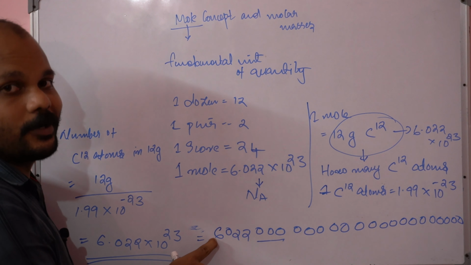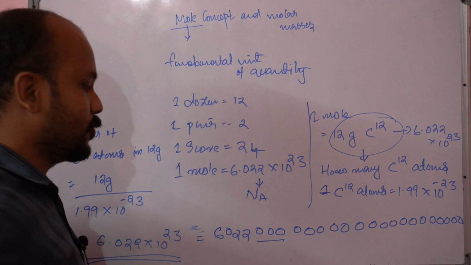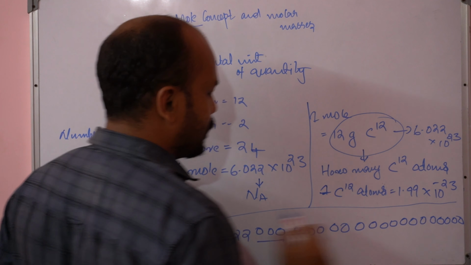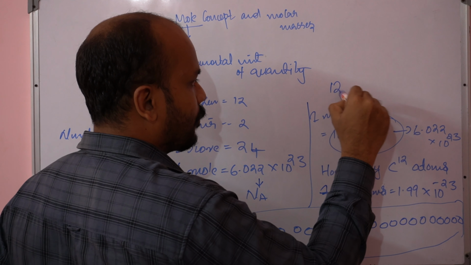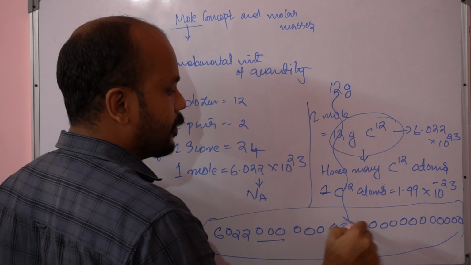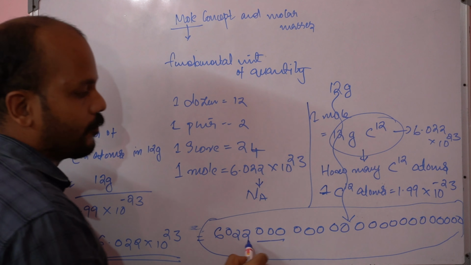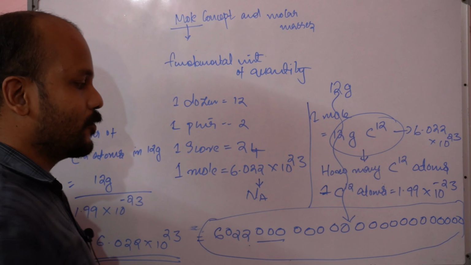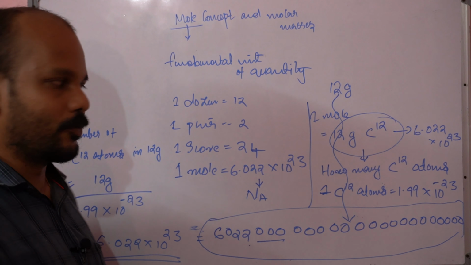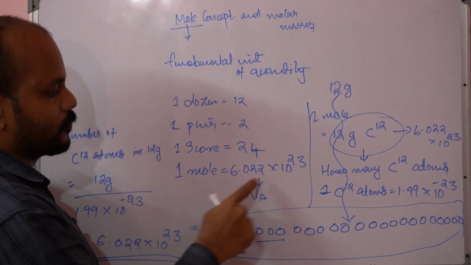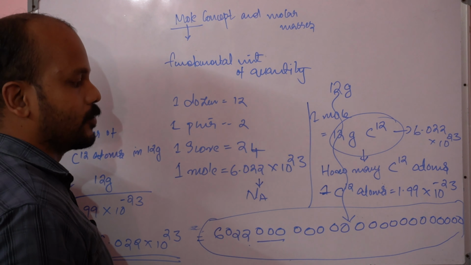See how big the number will be. If you take 12 gram of carbon atoms, it will contain this many carbon atoms. Like the same way 1 dozen is 12 or 1 pair is 2, 1 mole is going to be 6.022 into 10 raised to 23.